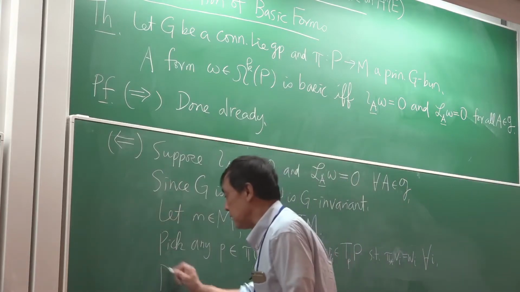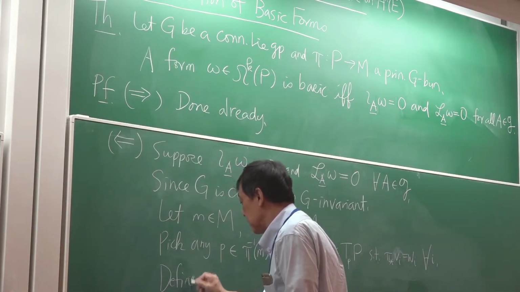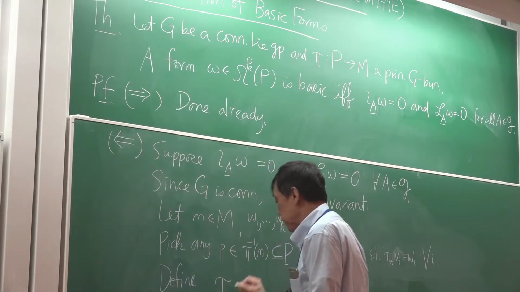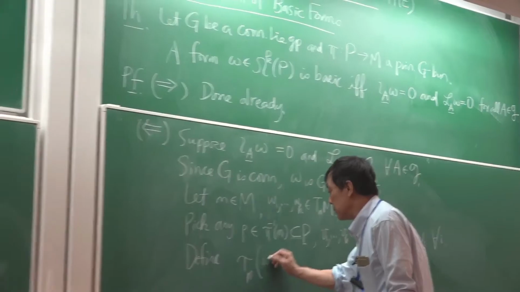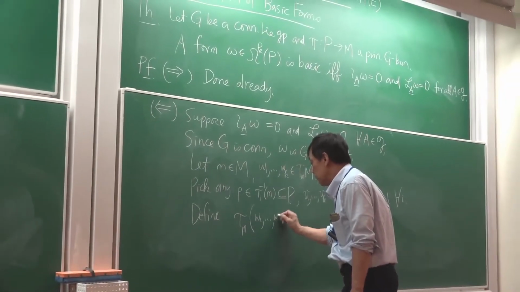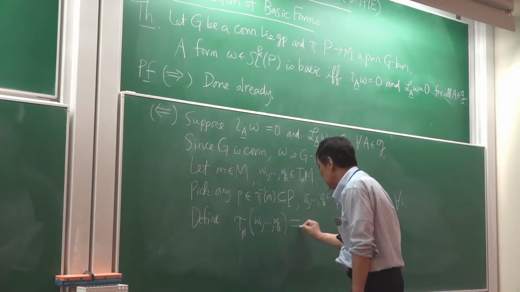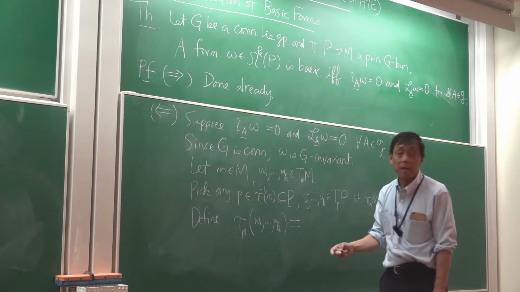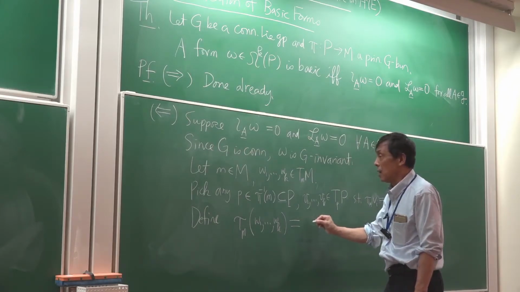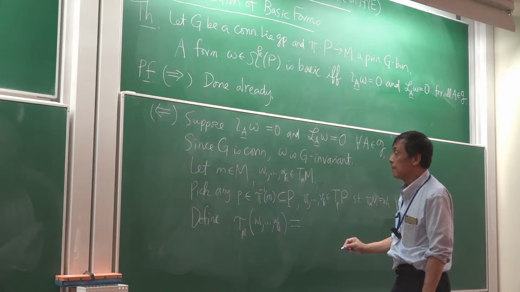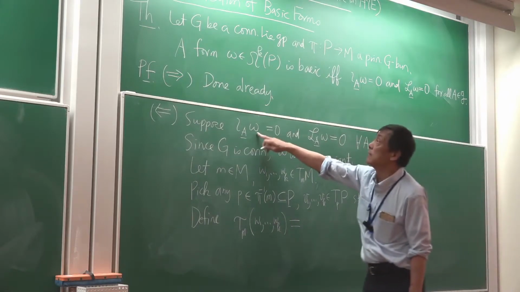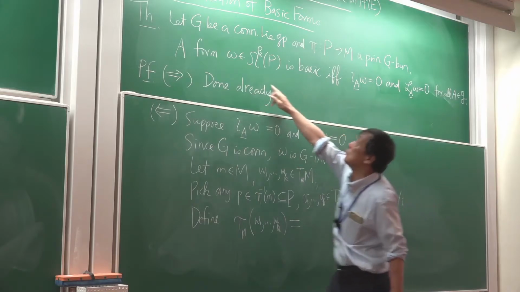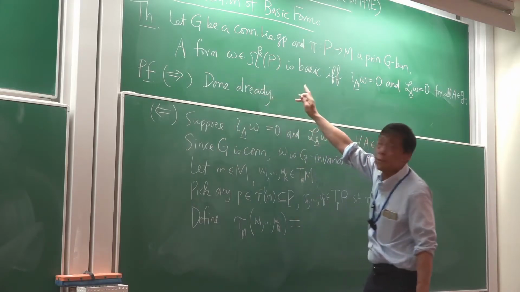Then we can define a form downstairs, define tau_M of W1 to Wk to be, yeah, we have a form upstairs, right? In the theorem, we're given a form upstairs.